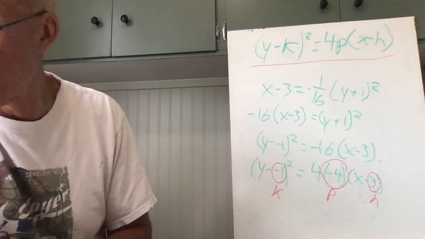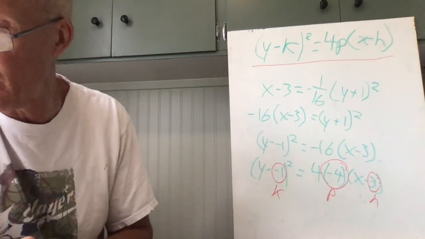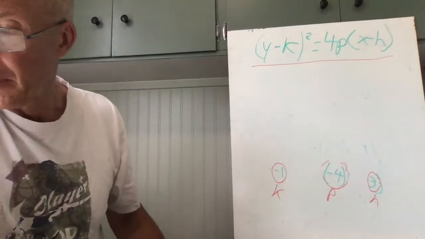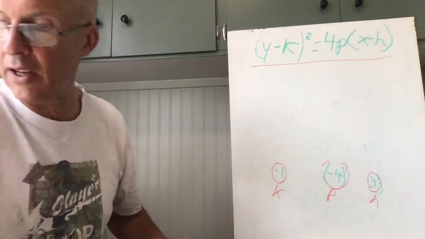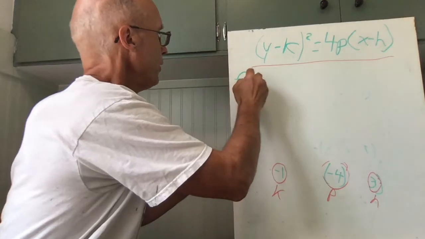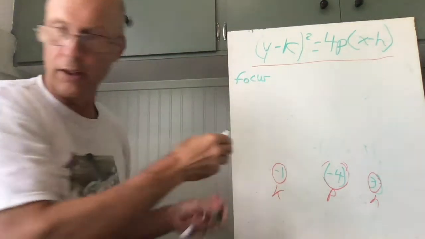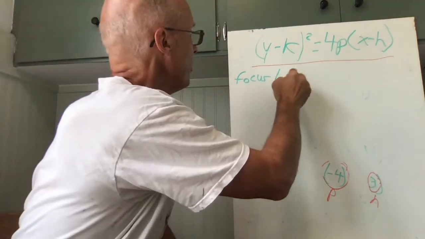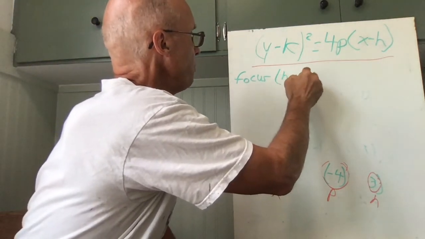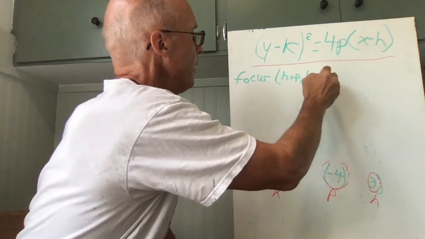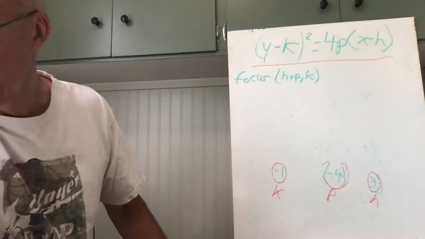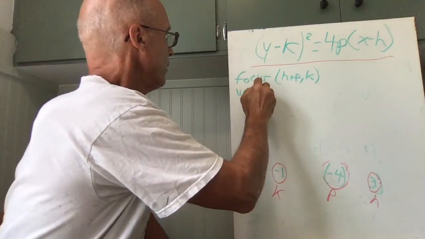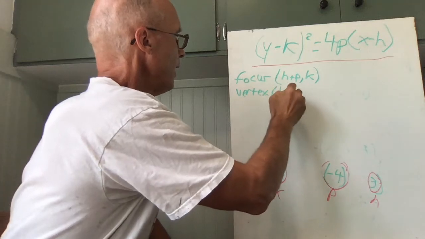Now that you've identified those things, you can draw in some of the key features of this parabola. Let me erase and we'll get to that, okay? So let's make a list of some of our key features here. The focus, and again, you can look at that little section that had all the formulas. The focus, if you remember, is going to be h plus p and then k. The vertex is going to be h and k.